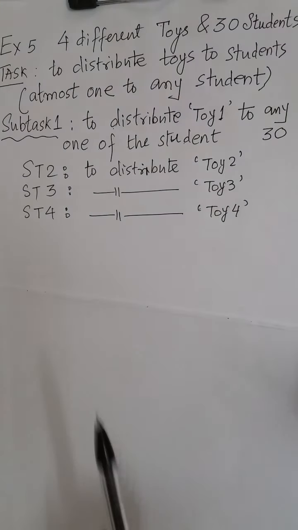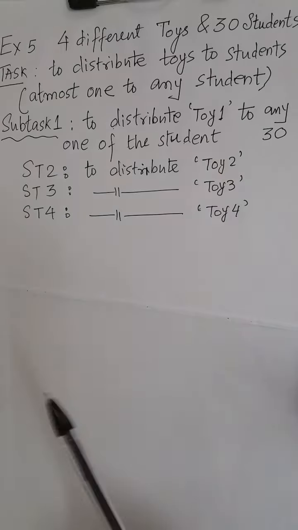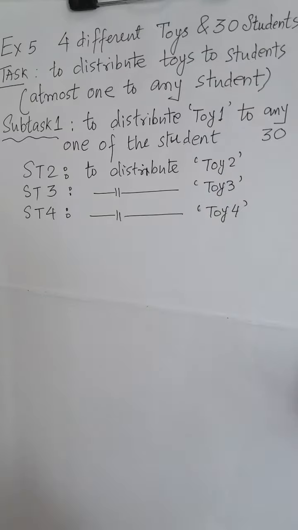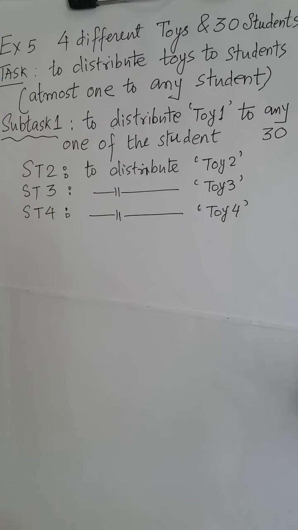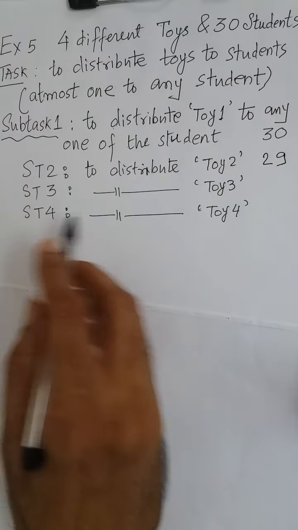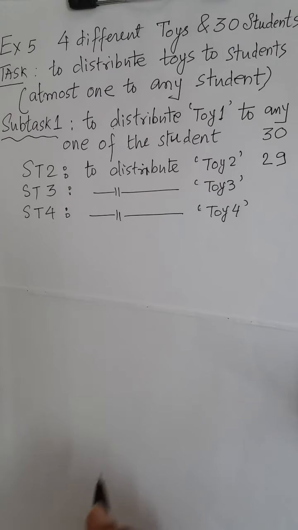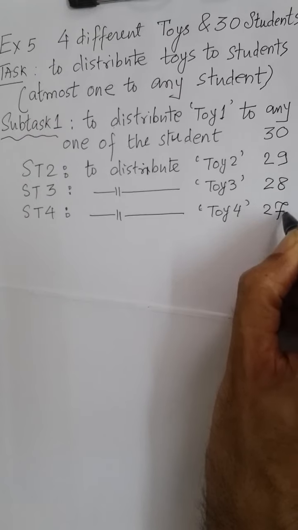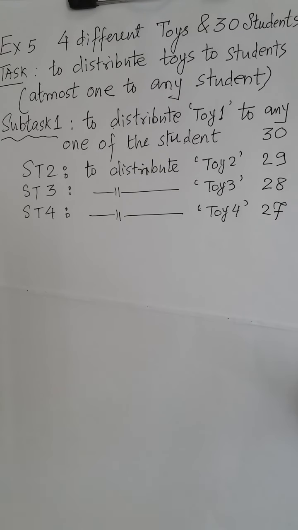Similarly, once a toy is given, since we cannot give more than one toy to a student, for the distribution of the second toy, the number of students left is how many? Yes, it is 29. Similarly, for distribution of the third toy, we are left with how many students? 28, 27, like this. So we have seen these subtasks, the task, and the number of ways of performing each.